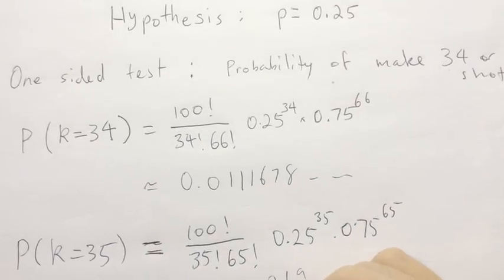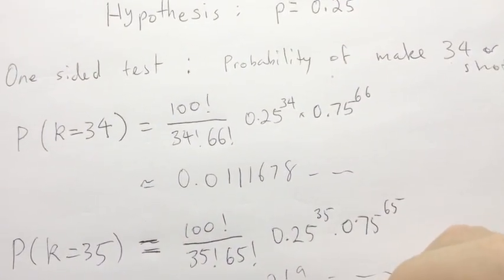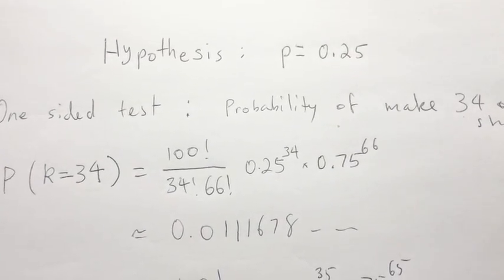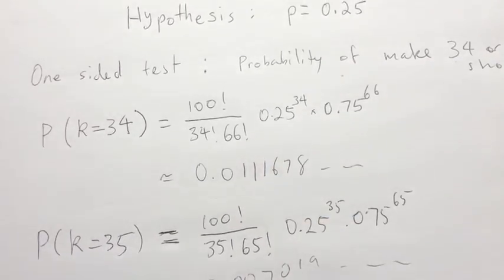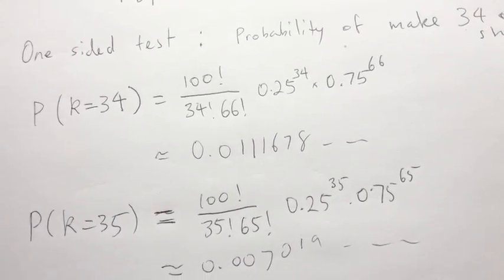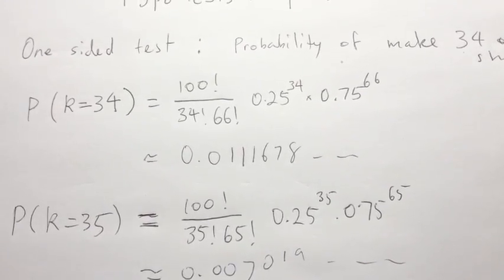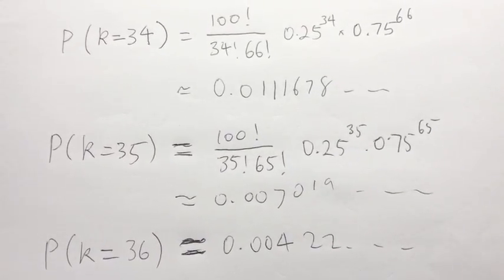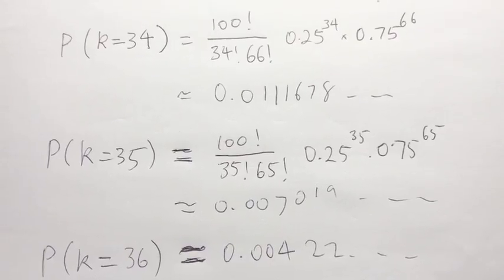Okay, 0.0422. So you can see that these two added together is roughly that one. So they're getting smaller, significantly smaller.